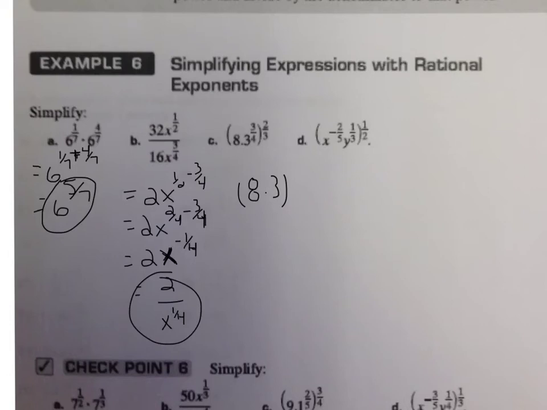So it'll be 3/4 times 2/3. That gives me 8.3 to the 6/12. And 6/12 is 1/2, so we got 8.3 to the 1/2. And we're going to leave it just like that.